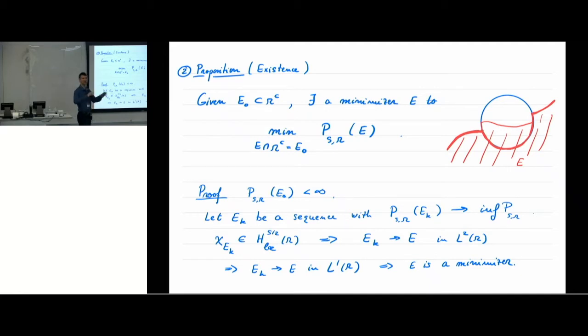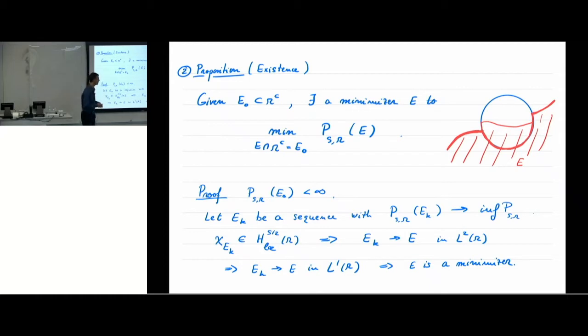So this is the classical direct method in the calculus of variations, where you just pick up the minimizers right away. However, all you know about this E is essentially that it has finite S perimeter.